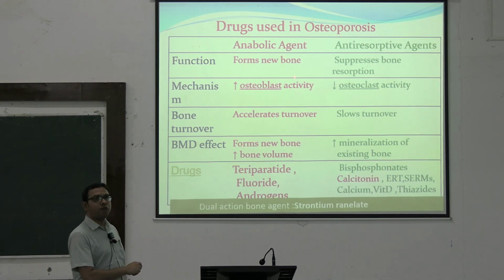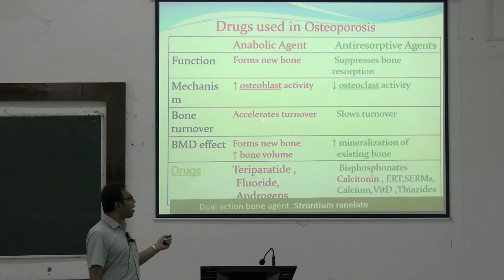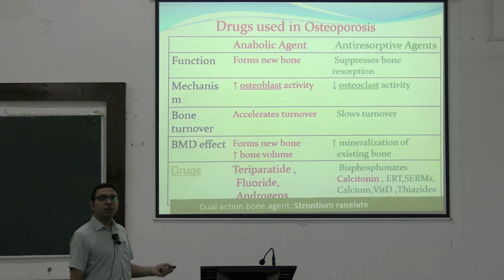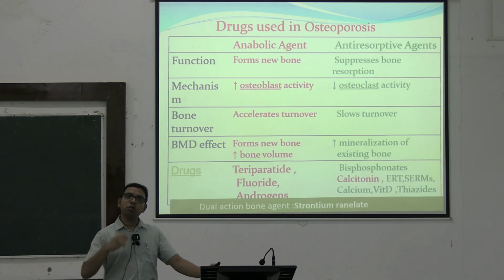So you can see this forms new bone, this suppresses the bone resorption. Basically it causes increased osteoblastic activity, and it causes decreased osteoclastic activity. The anabolic agents accelerate the turnover of the bones, and the anti-resorptive agents cause slow turnover of the bones. Since ultimately the resorption is decreased, the cycle will also be slowed.